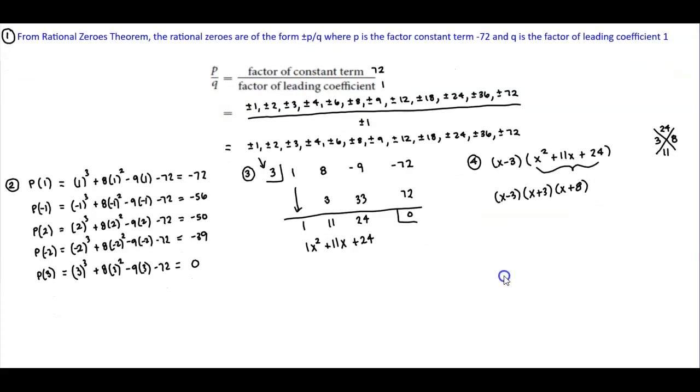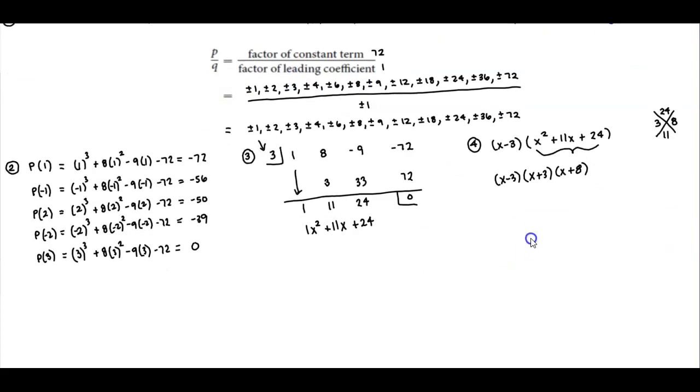Now that we know that, we can find out what the zeros are. In the last step, we set each factor equal to 0. So x minus 3 times x plus 3 times x plus 8 is equal to 0. Therefore, x minus 3 is equal to 0, x plus 3 is equal to 0, and x plus 8 is equal to 0.